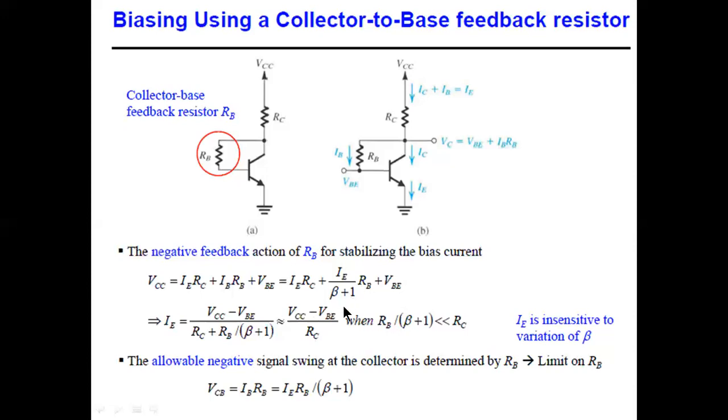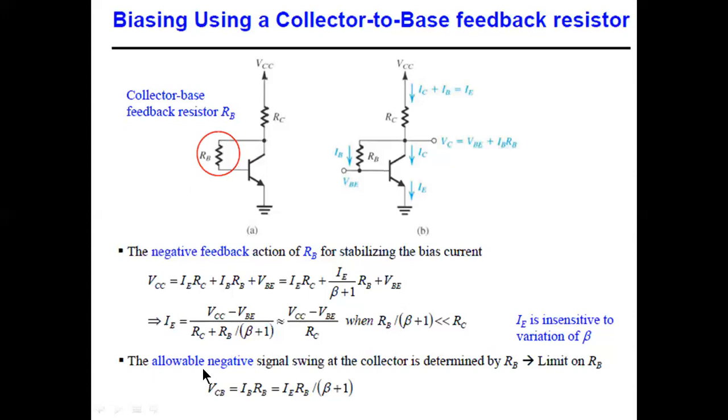That is, VBE is dependent upon temperature, and if that is negligible, then we'll get stability in IE. Also, if the device is replaced, then beta also will change. If RC is much larger than this quantity over here, then you can just neglect it, and the variation of that also gets neglected. So on the whole, we can say that RB provides negative feedback.